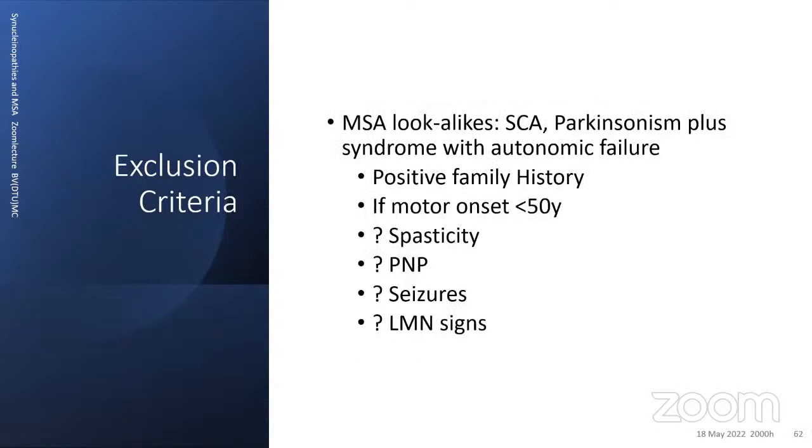So there are some MSA look-alikes also, that is spinocerebellar ataxia, Parkinson plus syndromes with autonomic failure. So if a positive family history is there, then it's not MSA. If motor onset is less than 50, spasticity, peripheral neuropathy, seizures, all these exclude mostly.